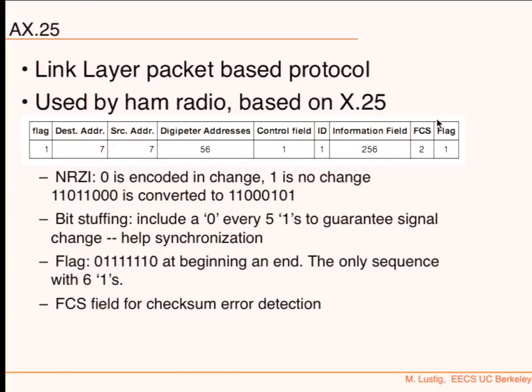You calculate some function on the bits here, and you store the values of that function over here. When you receive a packet, you apply the function on the bits you received and see that it matches whatever has been sent. If there's no match, that means there's an error somewhere. And then at the end, it closes with a flag.